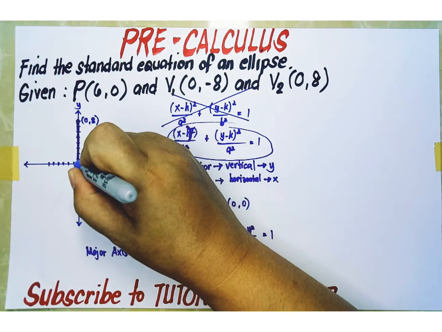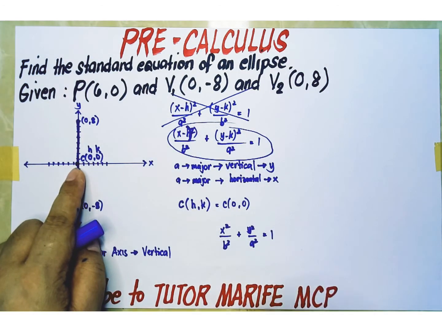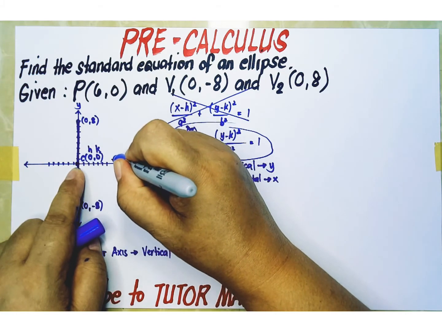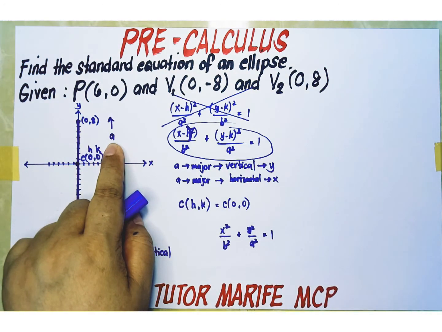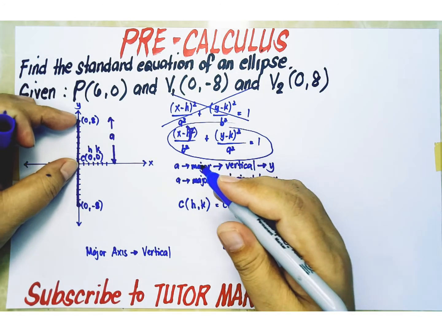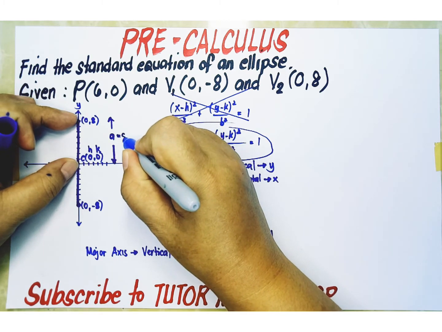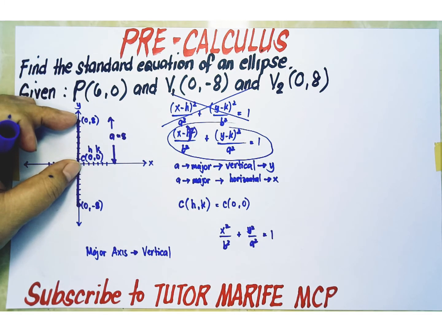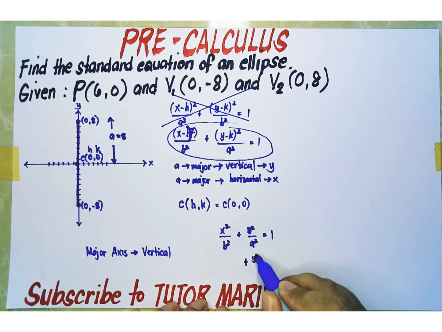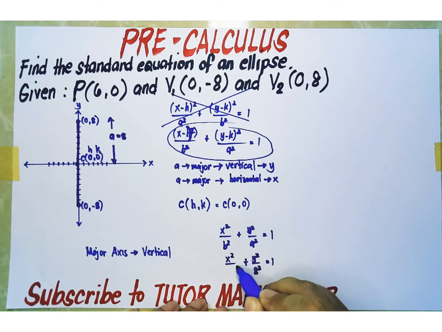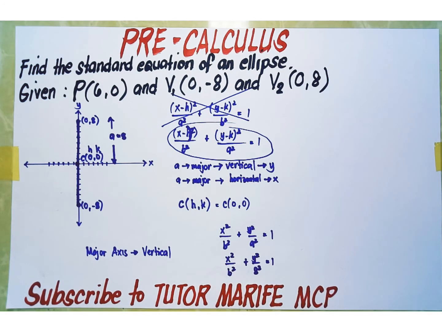So from this point, the origin, up to this point, it's a, and a is 8 units from the center of the ellipse. The denominator becomes y squared over 8 squared. Next, we need to find out b.